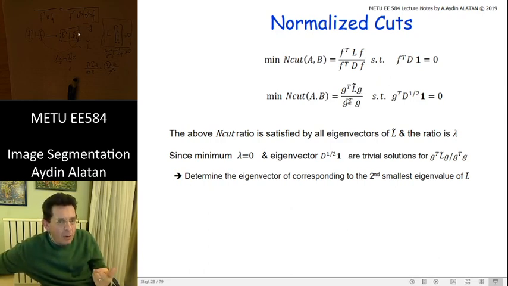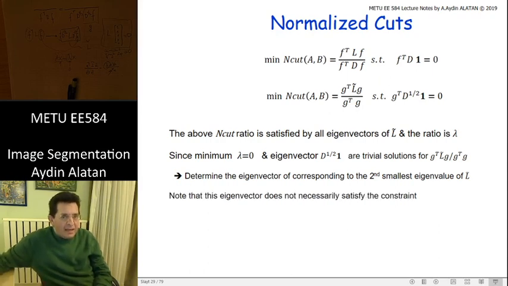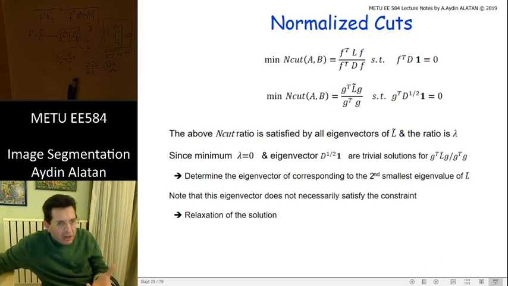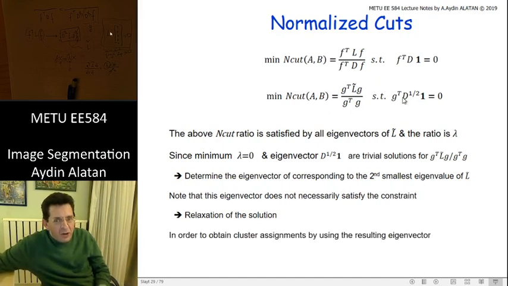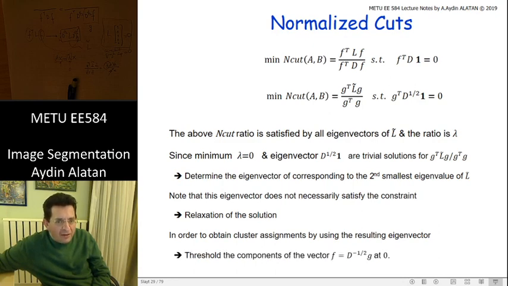That second minimum does not satisfy this constraint. We need a relaxation here. In other words, this is not satisfied perfectly, so we use some little tricks to obtain a result.